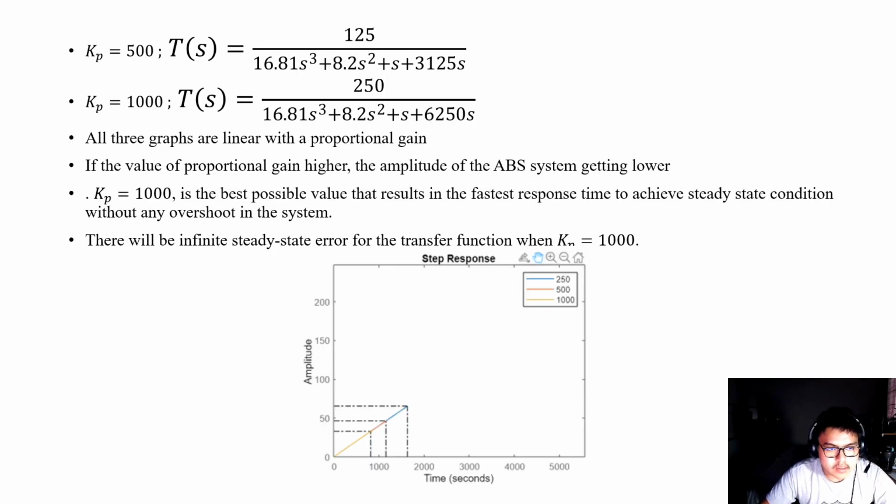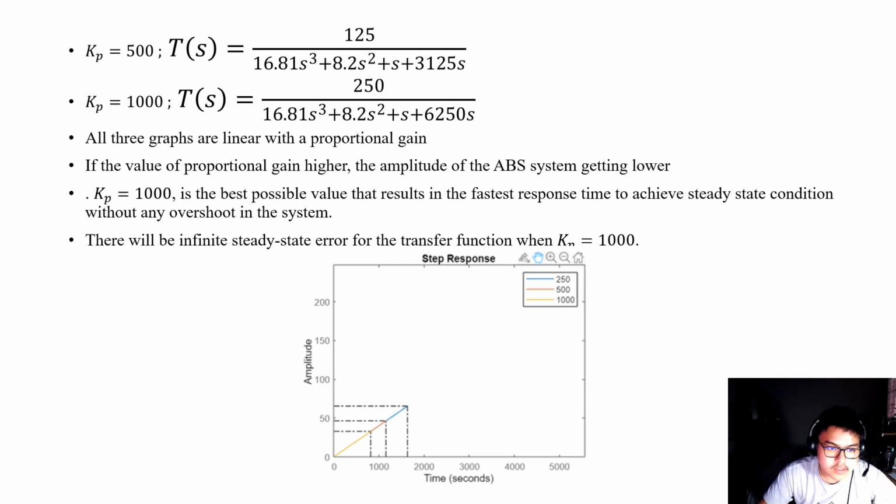Value 2, kP equals 500, so T(s) equals 125 over 16.81 s^3 plus 8.2 s^2 plus s plus 3125 s. And value 3, kP equals 1000, so T(s) equals 250 over 16.81 s^3 plus 8.2 s^2 plus s plus 6250 s.